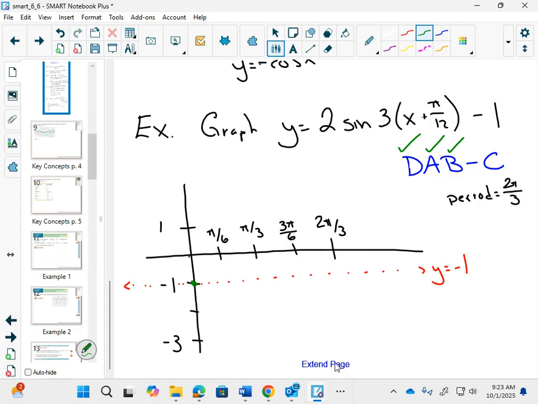The x-axis is super tempting to put dots on, but we go middle, then maximum, then middle. So don't go back to your x-axis. The middle is why we draw the red line. And then minimum, and then middle again. And I'll draw this with a dotted line. This would be the graph if there was no phase shift.